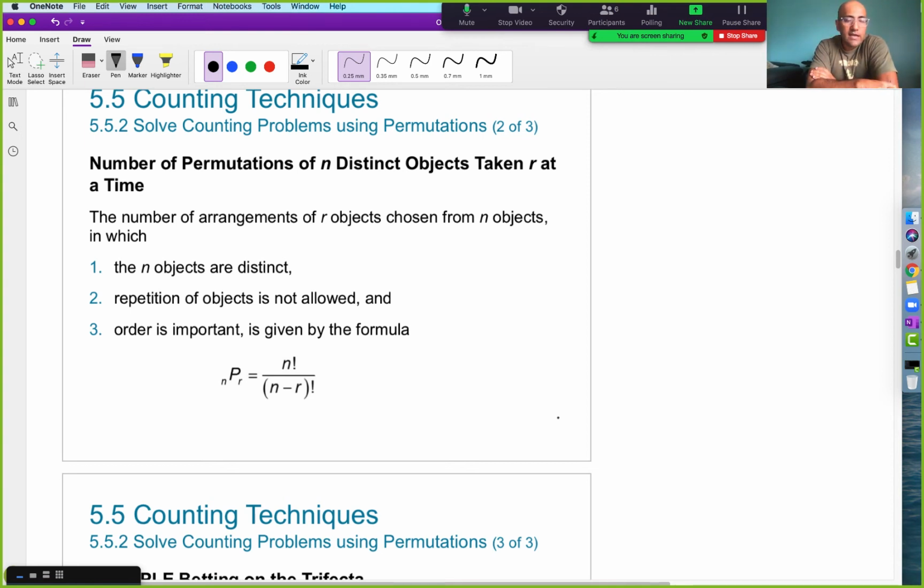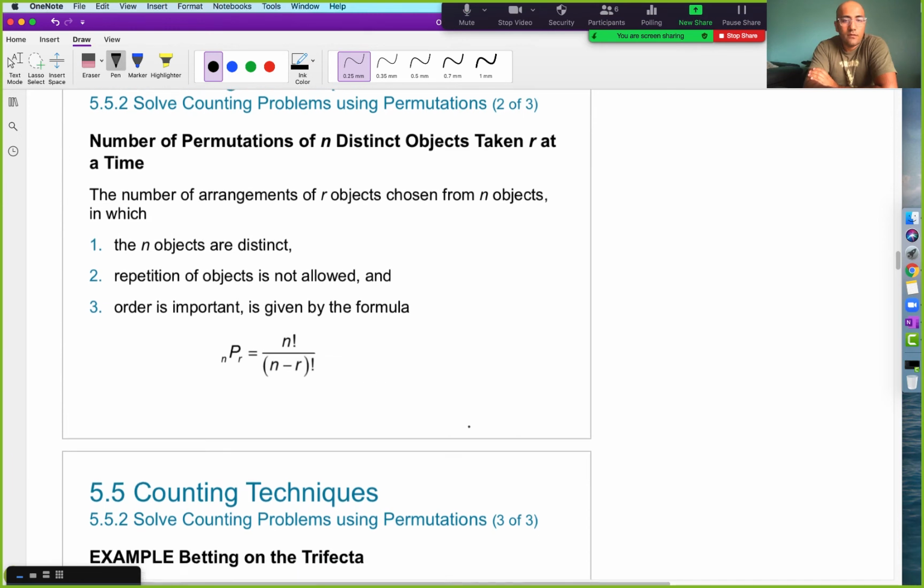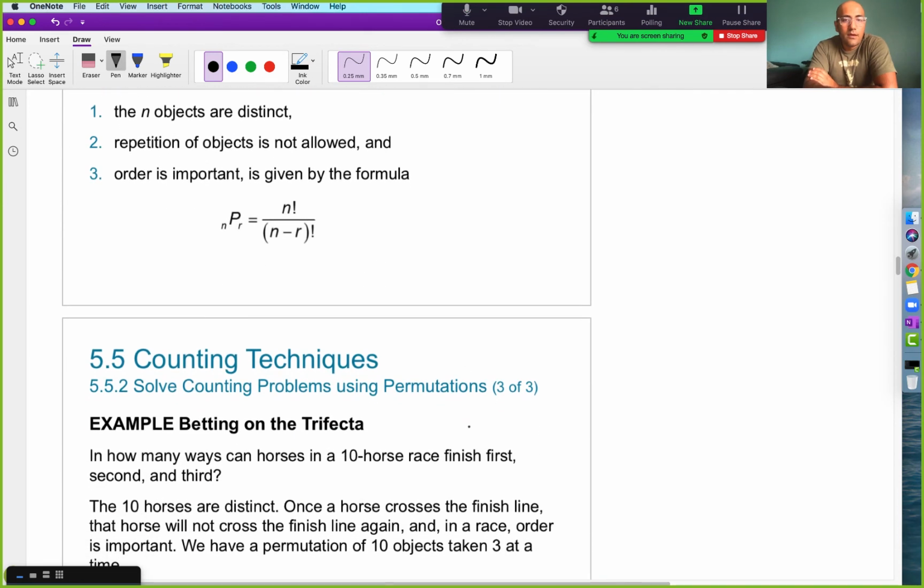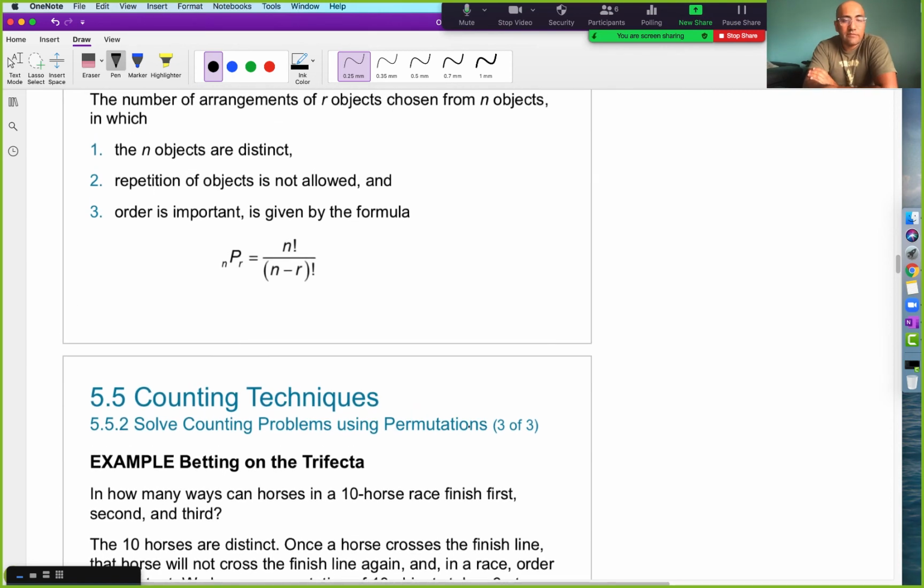Repetition of the markers is not allowed, meaning that we're not allowed to pick the same marker more than once. Right? We're picking them and lining them up. Order is important, and we saw that our formula is permutations of n choose R, and it's n factorial over (n minus r) factorial.